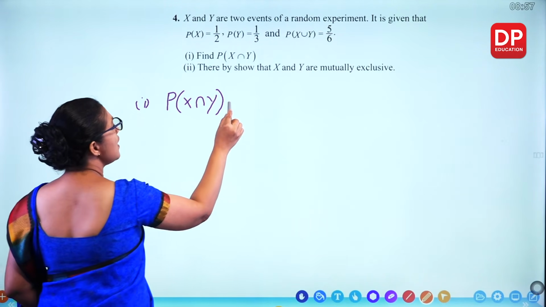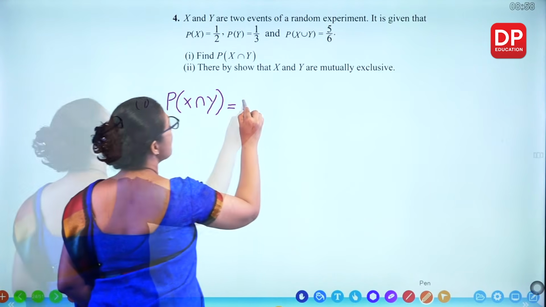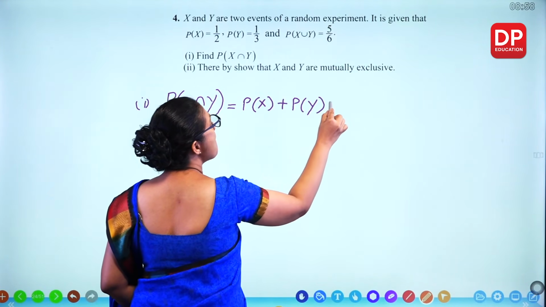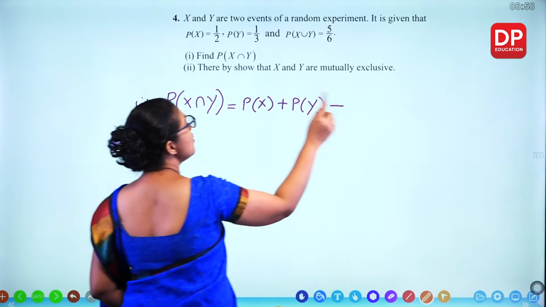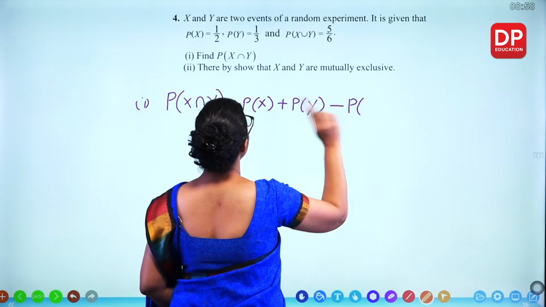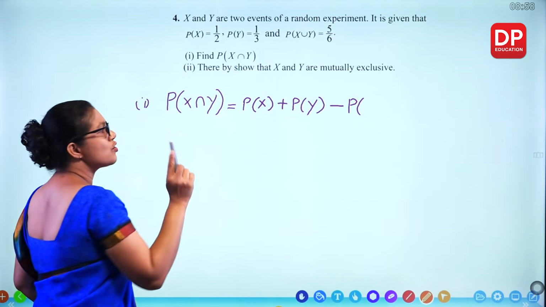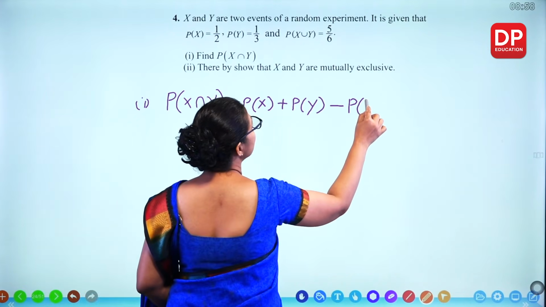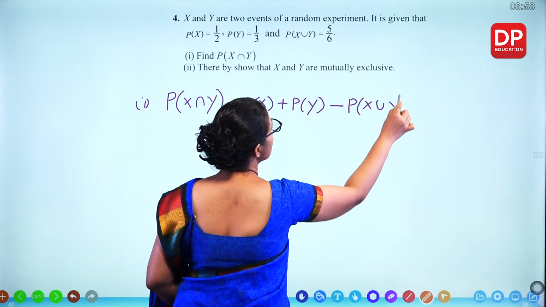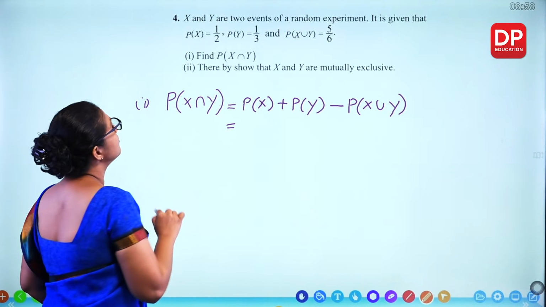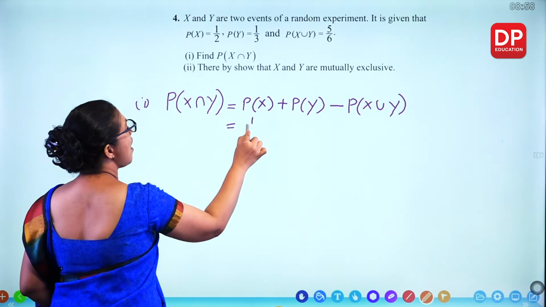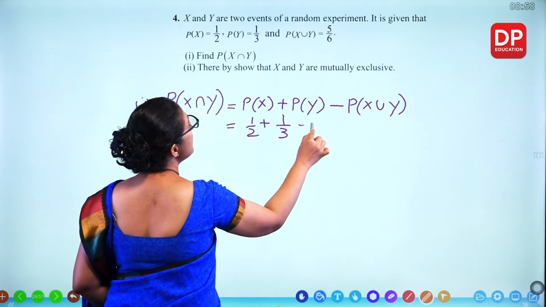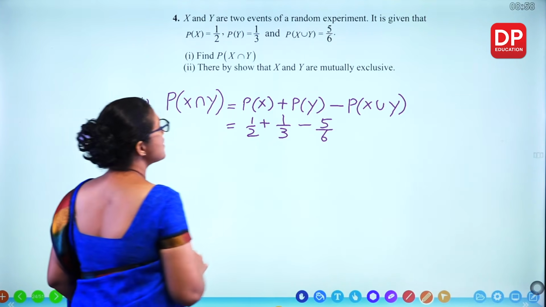According to the formula, I can write down probability of X plus probability of Y minus the union. I can change union to intersection, intersection to union. Probability of X given half, probability of Y given 1/3 and the union given 5 over 6.